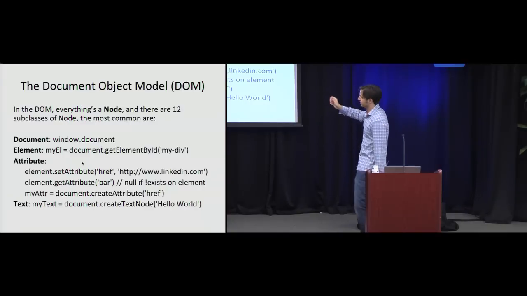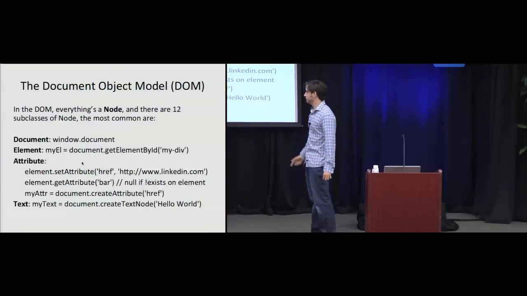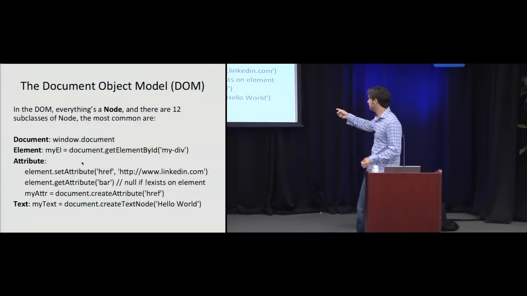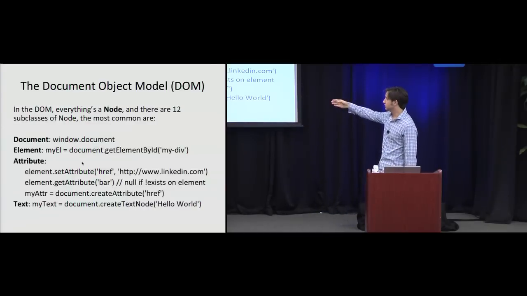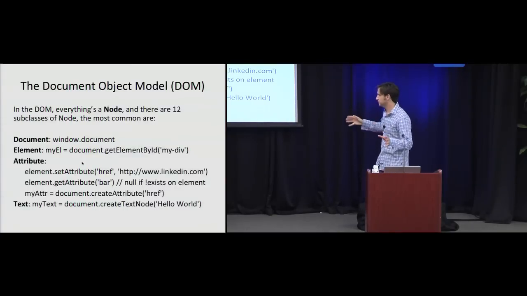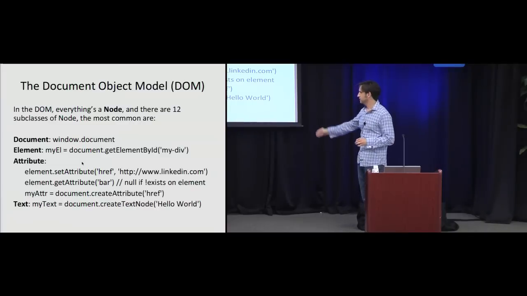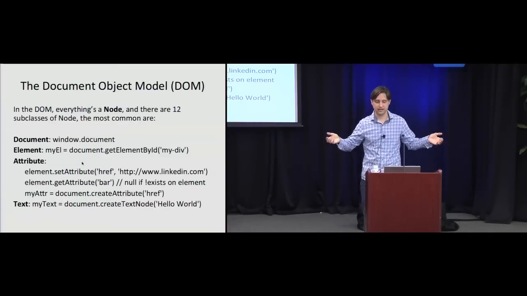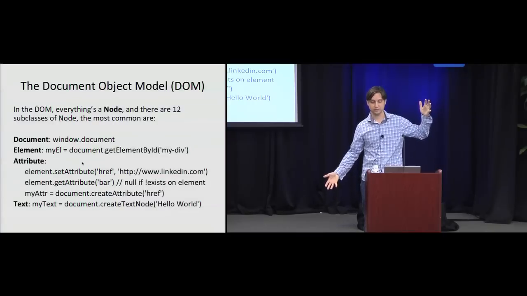So on the element interface, we have set attribute, which essentially creates an attribute node. And you can also, off of the document interface, create an attribute too and append it to an element. So there's multiple ways you can look at things. Text nodes are simply just text, because everything has to be defined in order for the document to make sense.